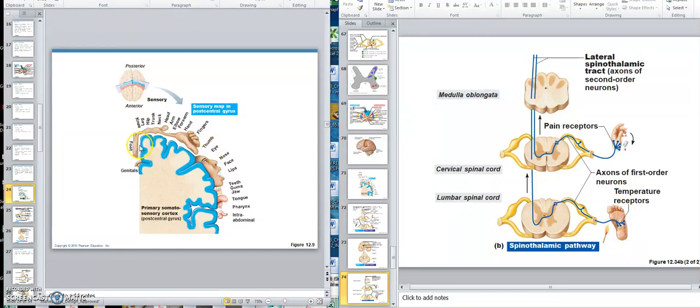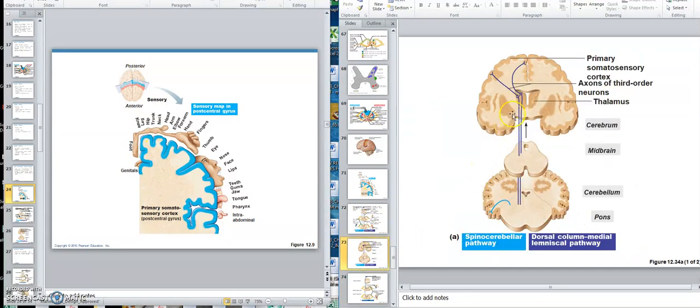That little strip is where you're sending the third order neuron to say something's going on. So again, you come in with the first, the second, and then the second synapses and sends to that specific area. So that's kind of how it's arranged.